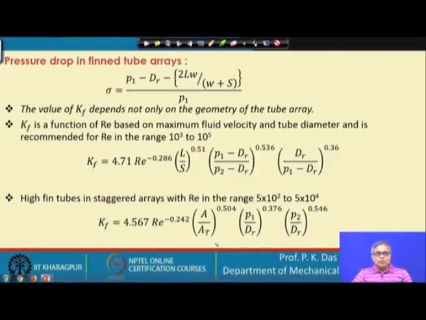So, you see you do not have to bother regarding the formula, because these formulas are available. Unfortunately, if somebody uses some sort of a tube layout or fin geometry for which a formula is not there, then of course it is a matter to be worried about, and in that case one has to again conduct experiments to get this kind of correlations.